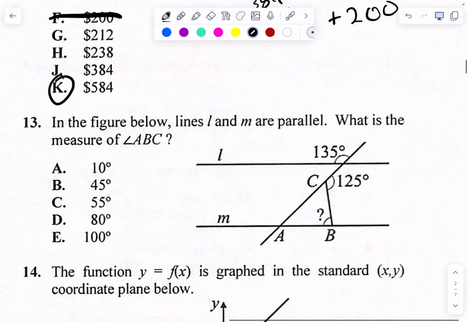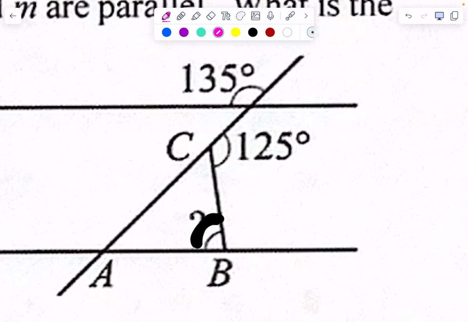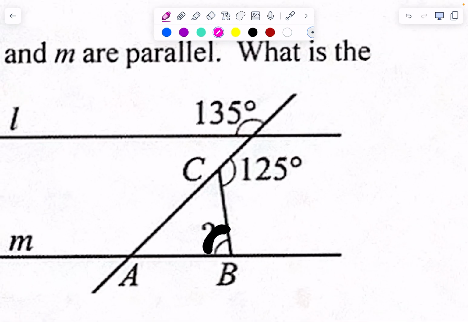All right, next. More geometry. In the figure below, lines L and M are parallel. What is the measure of ABC? This angle right here. What's your thought process? Is it 80? 135.